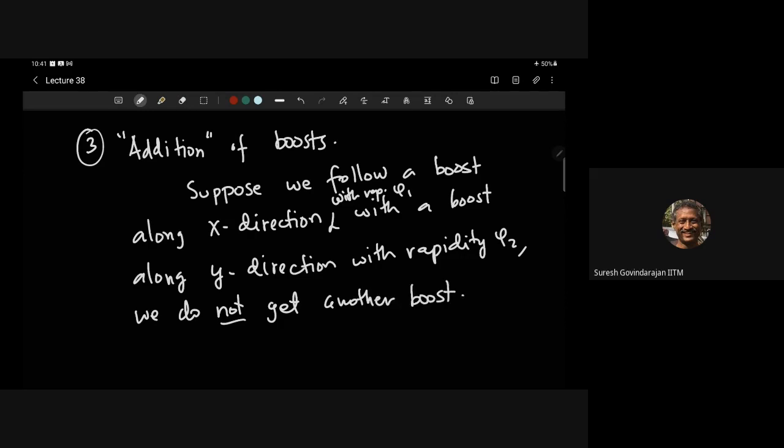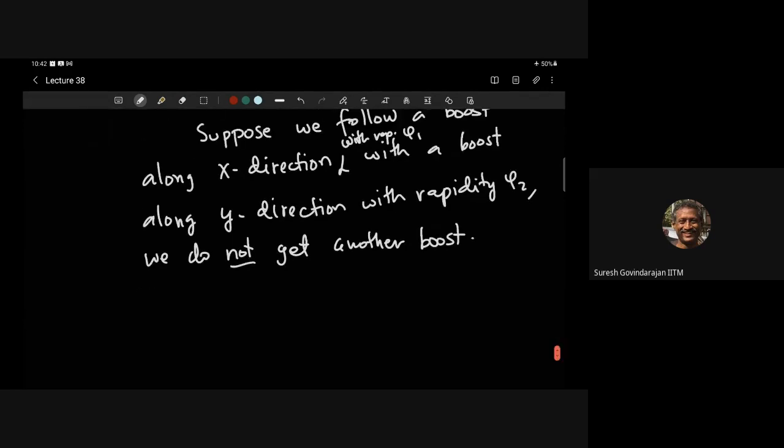You can check that it is another boost with rapidity additive.